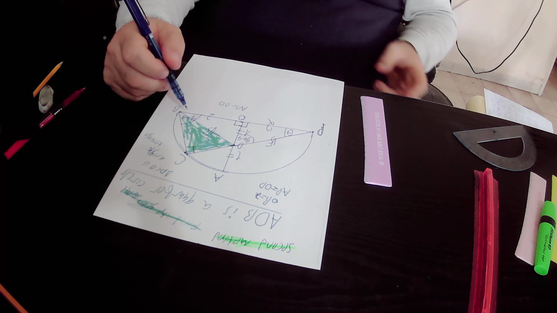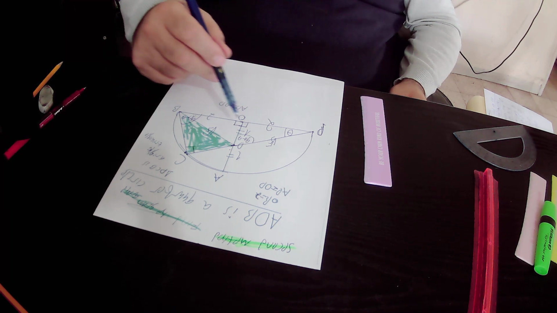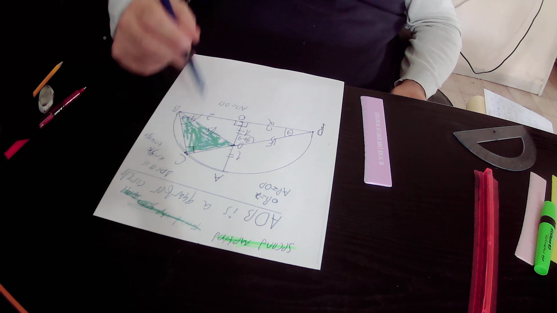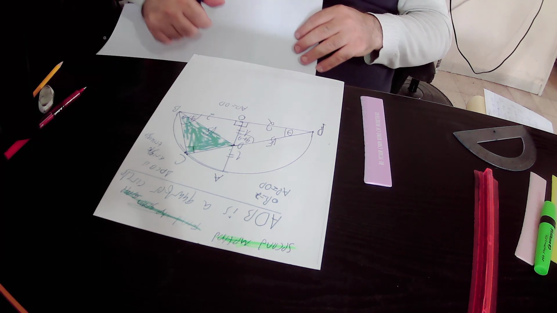In the next step, we will prove that the right triangle POD is similar to the right big triangle PCB. So why are those two right triangles similar to each other?